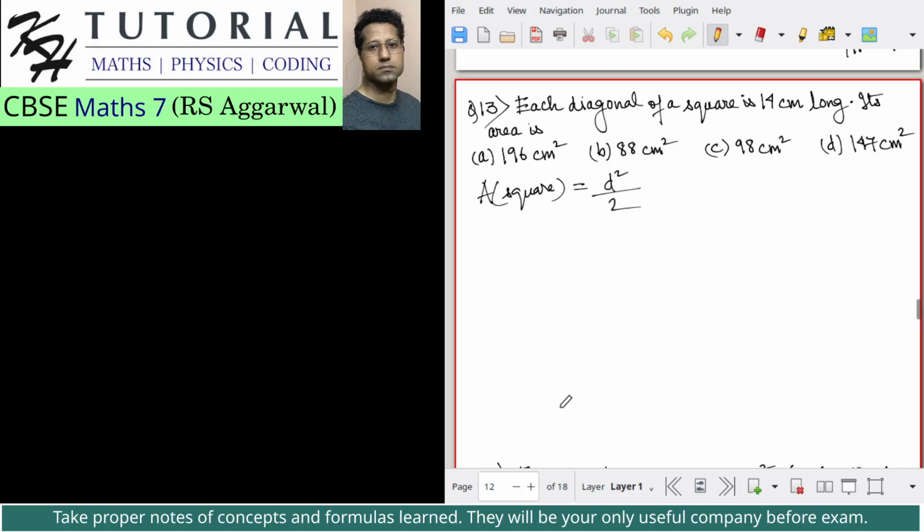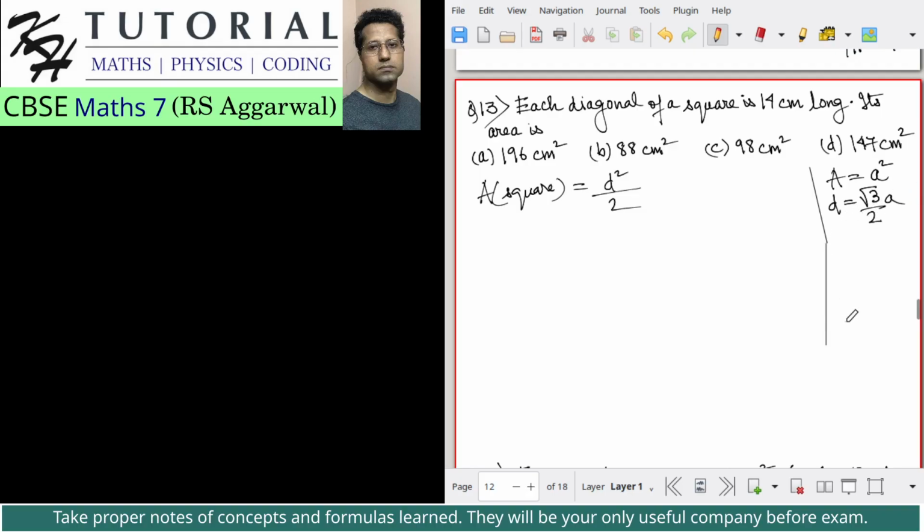If you get confused in remembering this formula, you must always derive it so that you are sure of using the correct formula. Area of a square is equal to a square, where a is the length of each side. Also, the diagonal of a square of side length a is equal to square root of 3 by 2 into a.